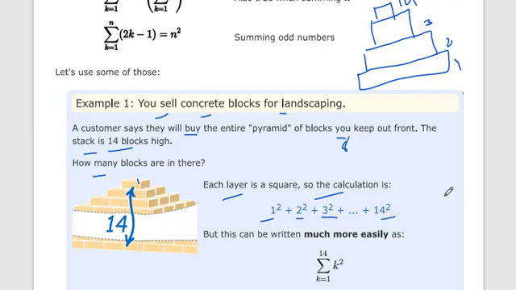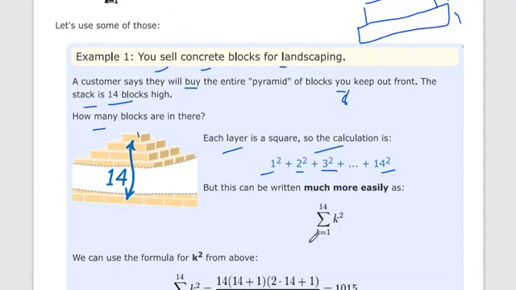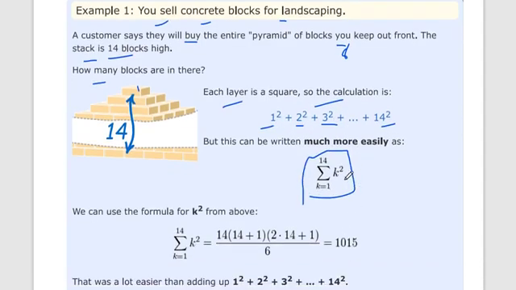So we have to add up all the blocks. We can easily write the partial sum: summation, k equals 1 to 14, of k square. We can use our previous formula for the addition of all the square numbers.